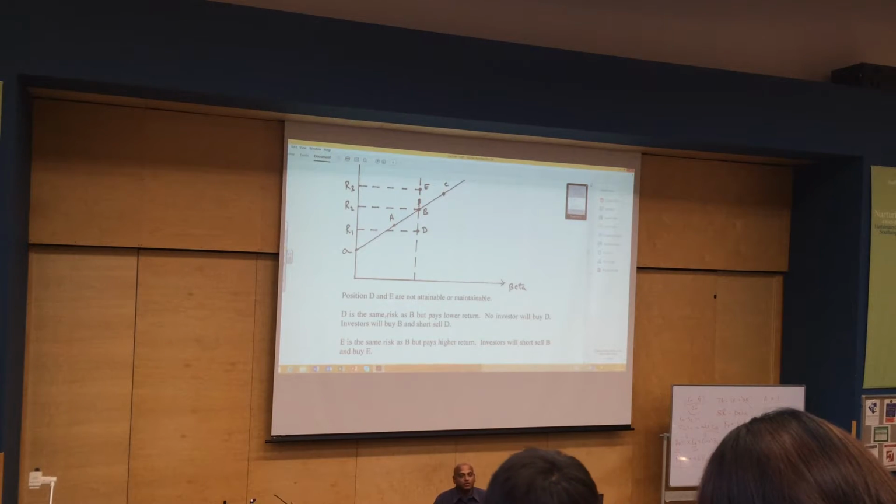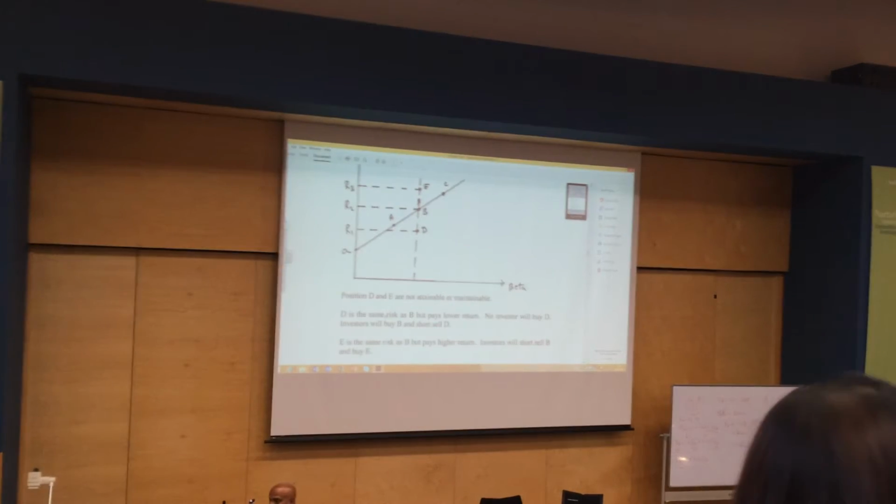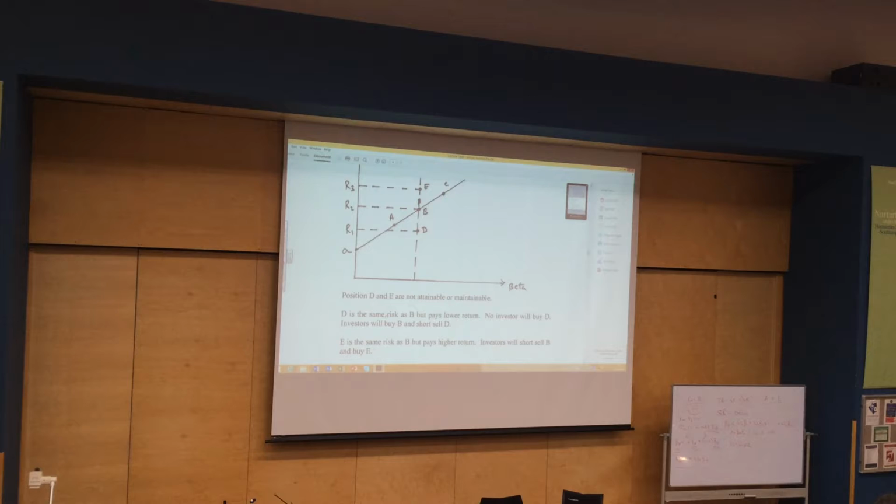Nobody wants D. It's giving too little return for the same risk. Everybody wants C, giving you high return for the same systematic risk. Demand for C will be very high, and demand for D will be nothing. D's price will have to fall for it to sell.